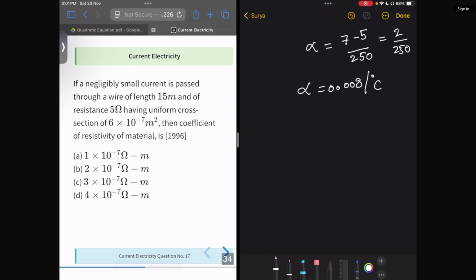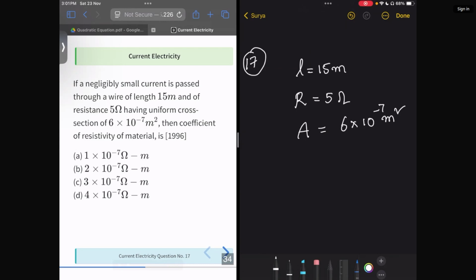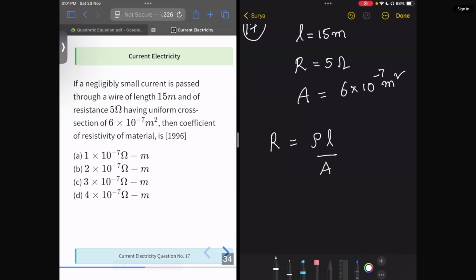So this is the mean temperature coefficient. Okay, next question 17. If a negligible small amount of current is passing through a wire of 15 meters, with resistance 5 ohms and uniform cross-sectional area 6 into 10 power minus 7 meter square, they are asking for the resistivity. All of you know the resistivity formula, R is equal to rho L by A. R is the resistance, 5 ohm they have given.